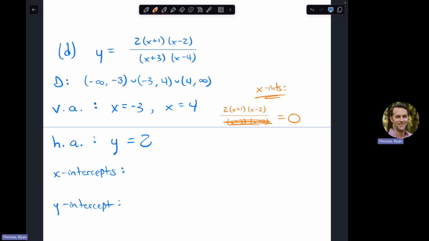And really, we just need to worry about the numerator, which means that either x plus 1 is 0 or x minus 2 is 0, right? So we're leaning really hard on the factor theorem thing. So we get -1 and 2, so the x-intercepts are -1 and 2. And again, I'm just going to write those as points just to help us remember that they're points.